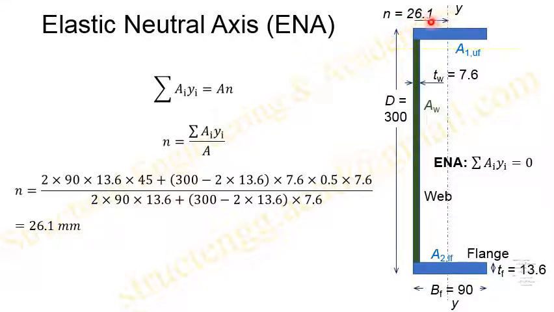The first moment of area of all the area segments has to be equal to the product of the total area and n. So n is unknown in this equation, and n is equal to the summation of first moment of area of different segments divided by the total area. That comes out to 26.1. This way we know that the distance of ENA from the reference line is 26.1 mm.